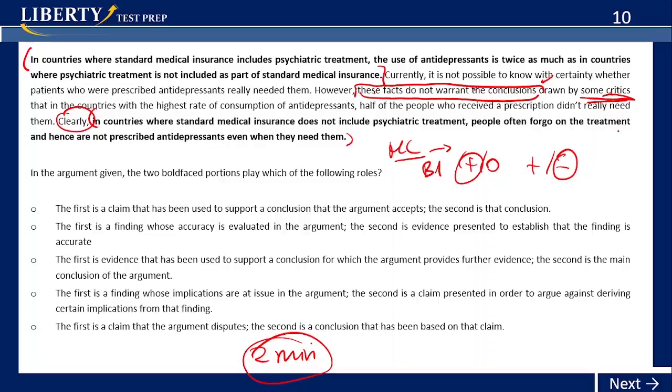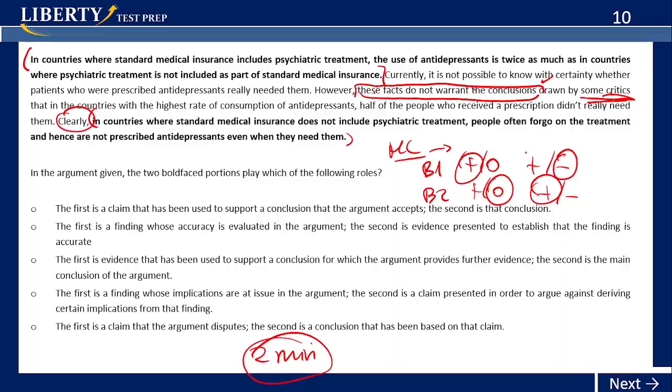And then the author of this argument is going against it. Okay. Then bold number two is of course an opinion because of clarity, and it is positive to the main conclusion because the author is using this last sentence in order to support the fact that the critics were mistaken.